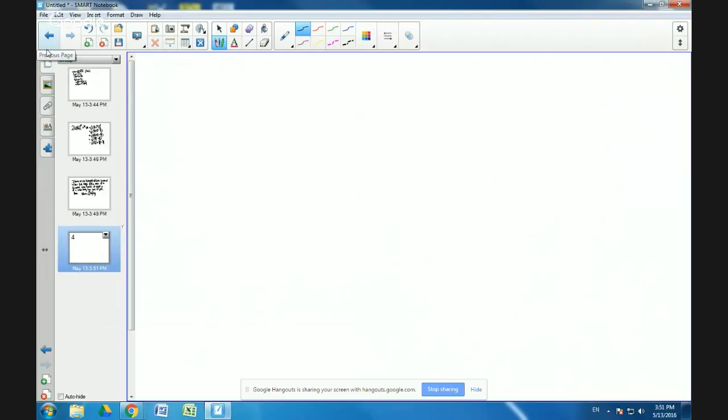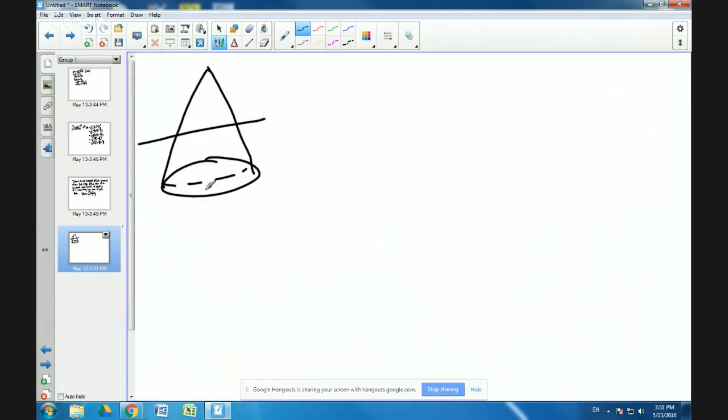So basically, let's just say you have some sort of foam that's sticking out of the ground or something. And then if you took a cross section of this, say that the cross section was a semicircle or just some sort of shape.